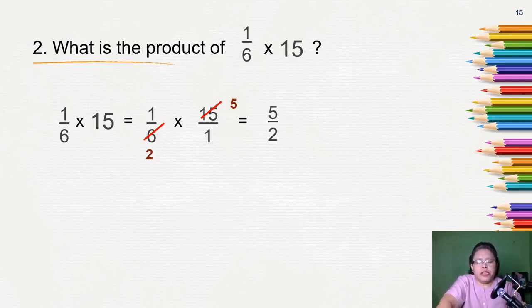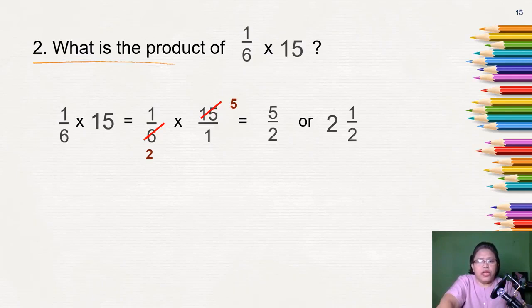Diba? And then, 5 halves or 5 over 2 is an improper fraction. Dahil mas malaki yung nasa taas. Kaya gagawin natin siyang mixed number. So, i-divide lang natin yan, di ba? 5 divided by 2. Ilang 2 meron sa 5? Merong 2. At sobra isa. So, yung isa ngayon ang magiging fraction natin. So, ang denominator would be 2.